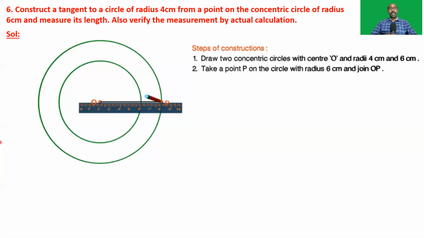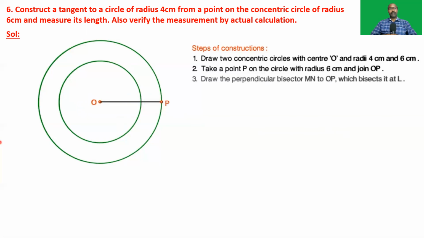Like this. Now, like the previous problem, draw the perpendicular bisector to OP. That is, by drawing arcs of same radii from O and P on both sides of OP, and by locating the intersection points as M and N, and by joining M and N, we get the perpendicular bisector of OP.